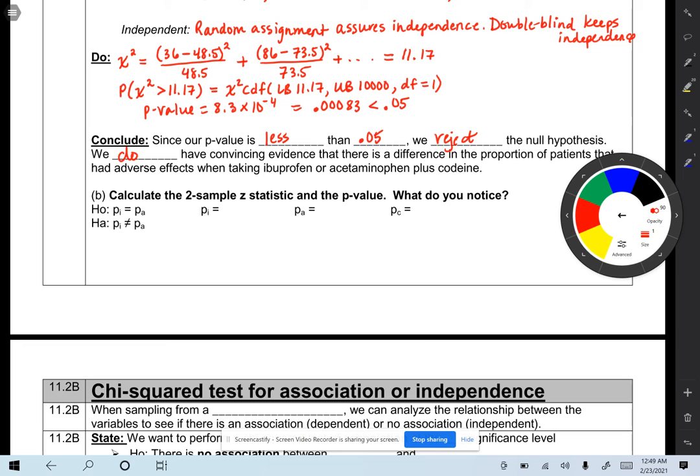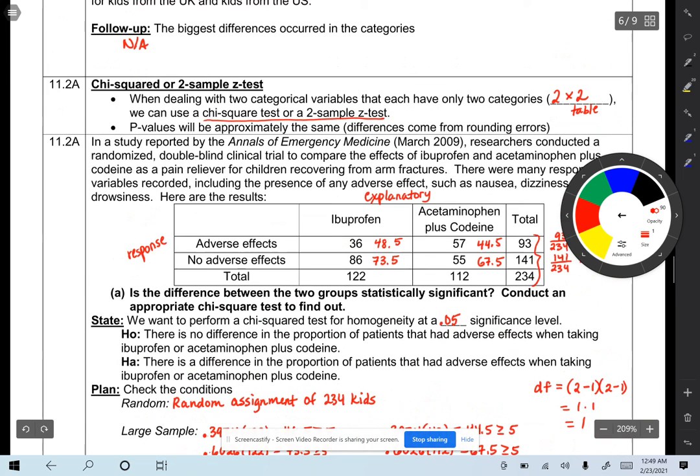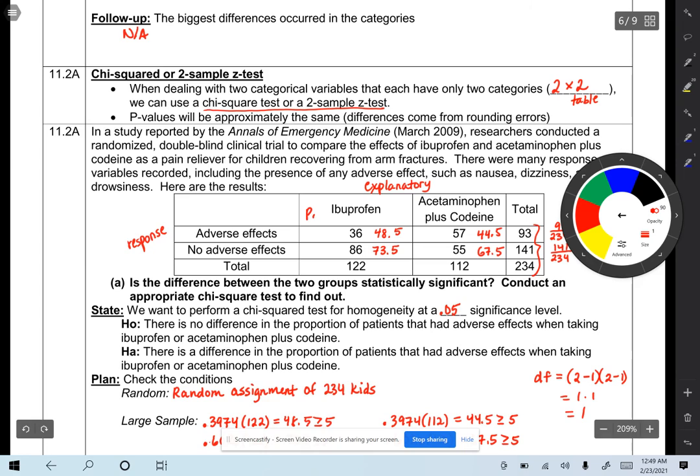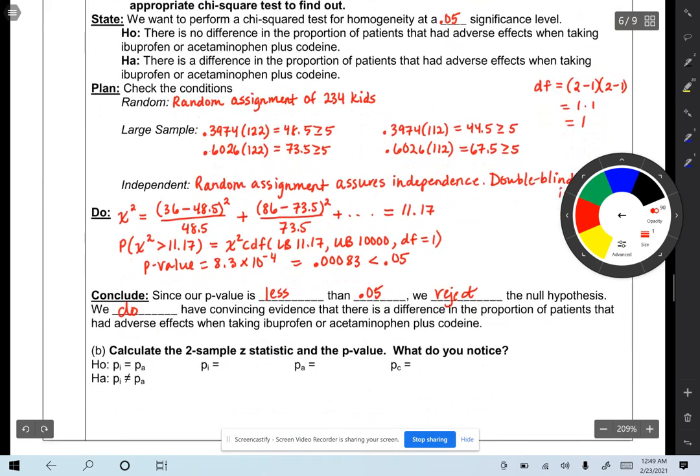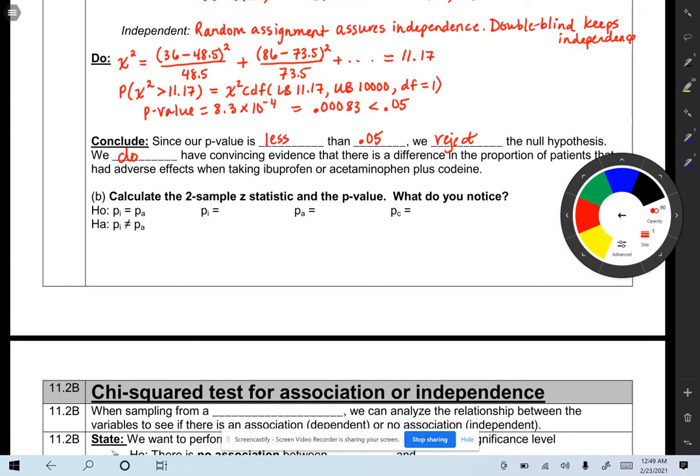In this case, the PI would be the ibuprofen, and the PA would be the acetaminophen plus codeine. So the null hypothesis is there is no difference. The alternative, there is a difference. So it's a two-tailed test right there. So remember, when you're doing your p-value, you remember to multiply by 2.